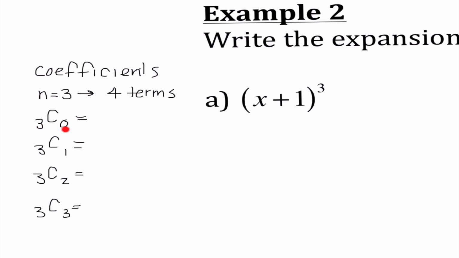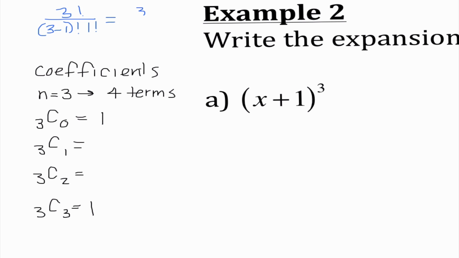Now this first one, we said whenever we have a 0 there, we know that the value is 1. In the very beginning, we said that the coefficients are symmetric, so if my first coefficient is 1, my second coefficient is also 1. Okay, next we have 3 combination 1, and I'm going to do this off to the side, so I would do 3 factorial over 3 minus 1 factorial, 1 factorial.